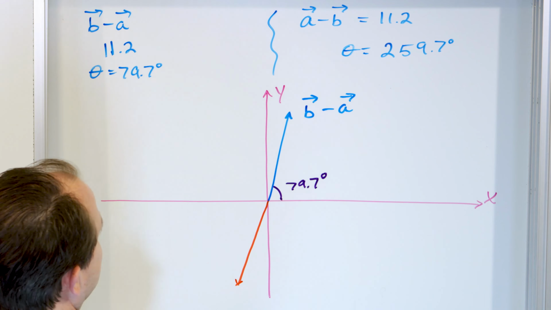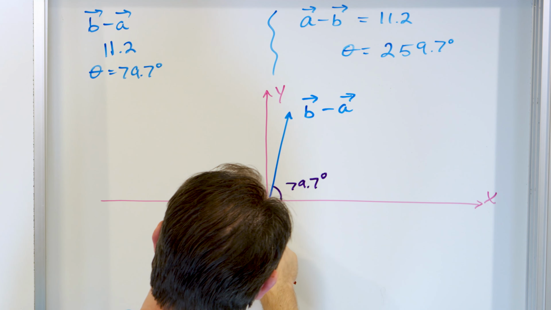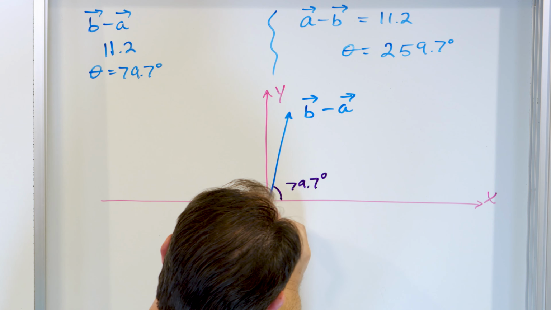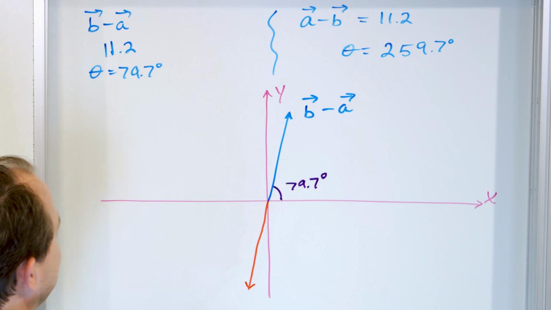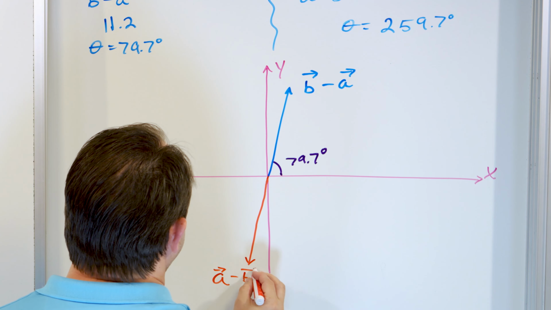That's not exactly right, you can see they're a little bit bent. Sorry about that, I will try to do a little bit better. You get the idea. It's directly across. This is vector A minus vector B.